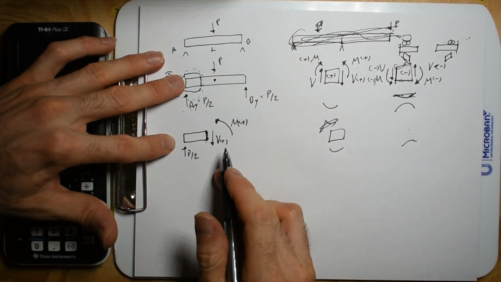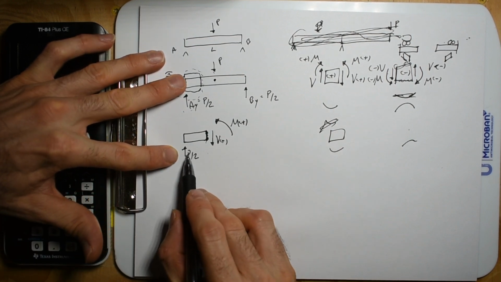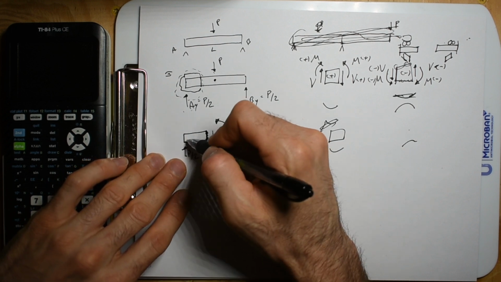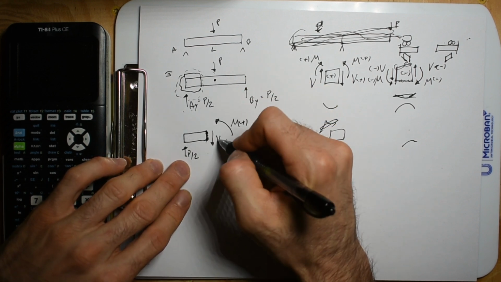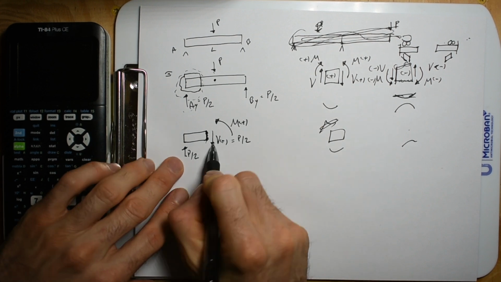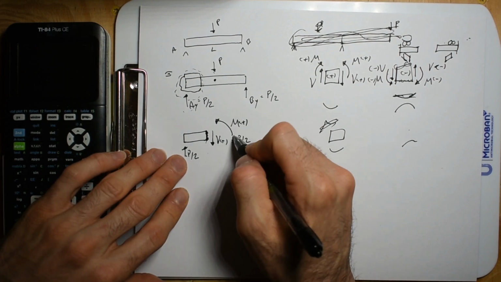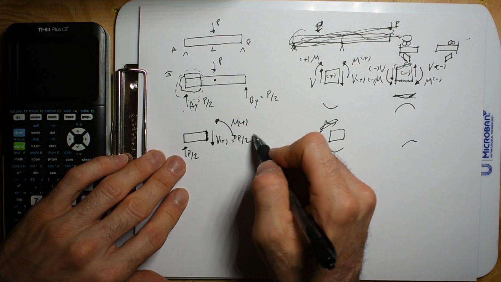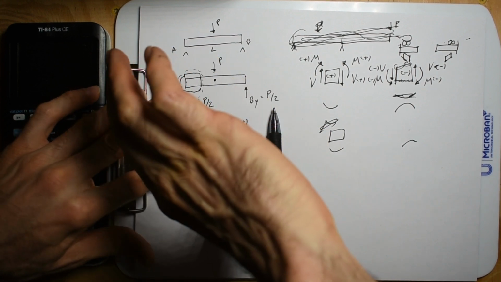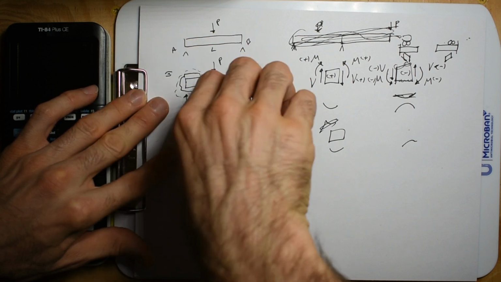And then you just have to go back to your free body diagram and say, hey, if I have an upward force here, I need to balance it with a downward force, P divided by 2. And that's the same direction as this. So this does apply, and we'll get a positive shear on our moment diagram. And now we're inducing a torque this way.